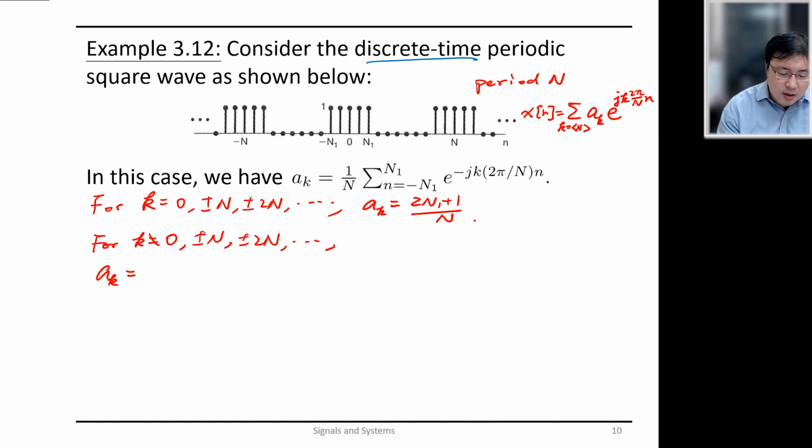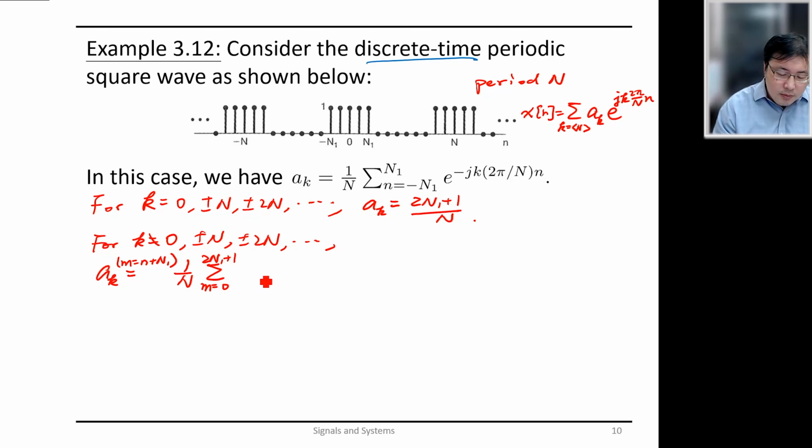I do this by a change of variable where we set m equal to n plus capital N1. So this summation, originally from minus N1 to N1, becomes a summation over m from 0 to 2N1.